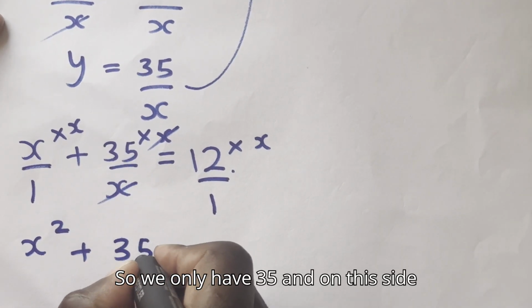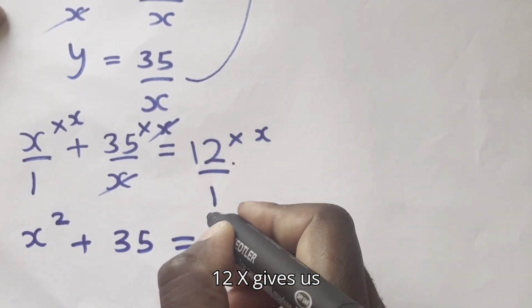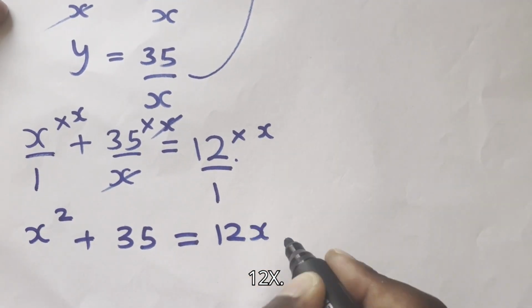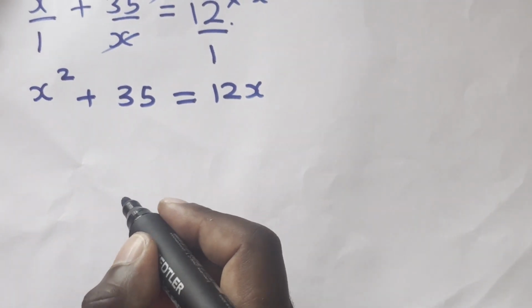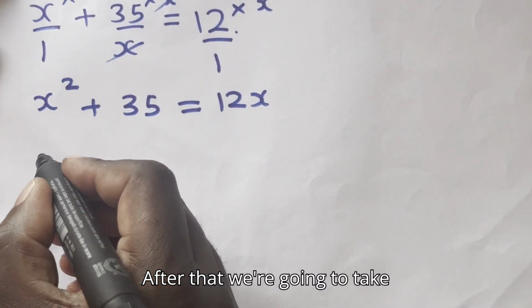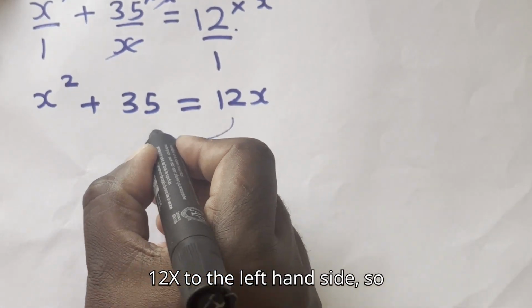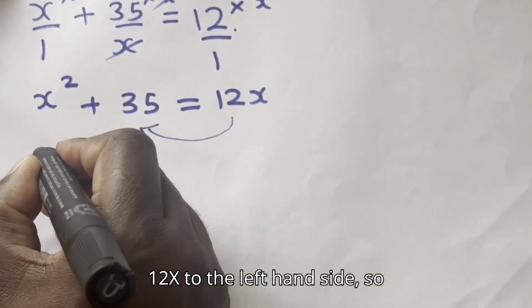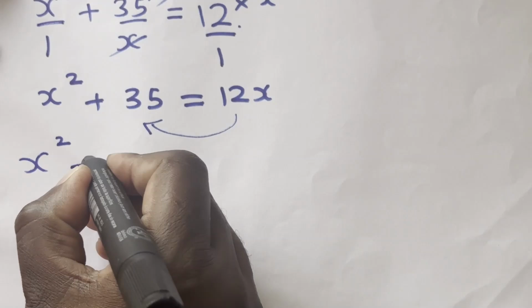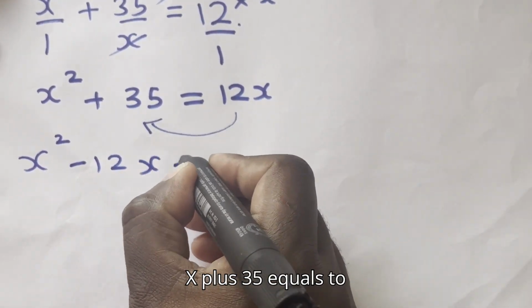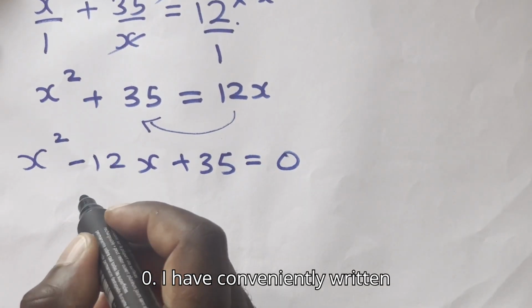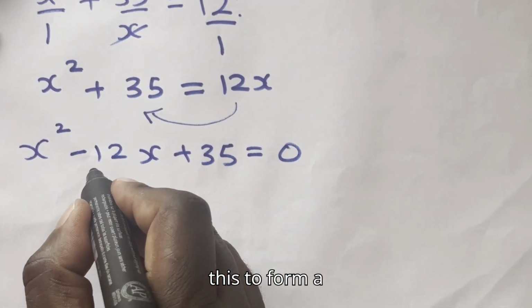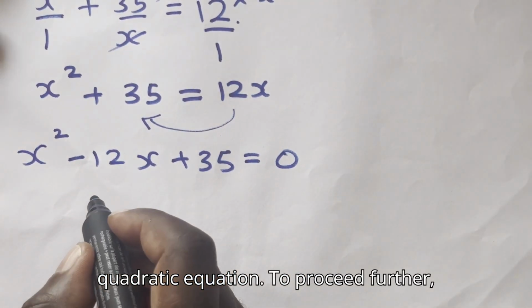So we only have 35, and on this side 12 times x gives us 12x. After that, we're going to take 12x to the left hand side. So we do have x squared minus 12x plus 35 equals 0. I have conveniently written this to form a quadratic equation.